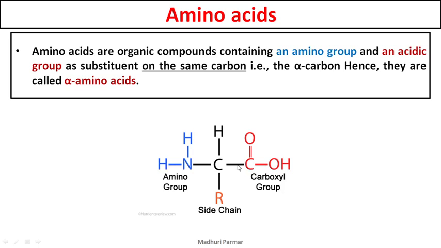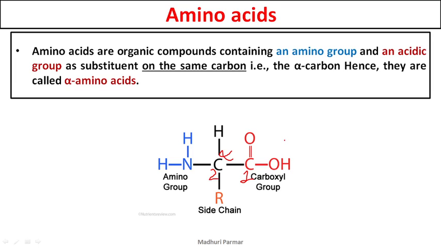Now both of these groups are attached to the same carbon, and this carbon here is called the alpha carbon. If you number it, 1 2 3 4 5, then it will be the second carbon. So this is carbon number 1, this is carbon number 2.